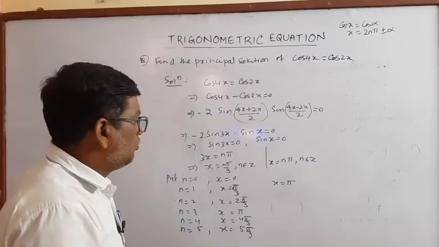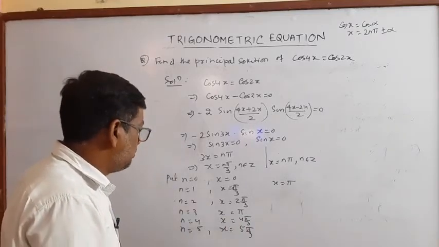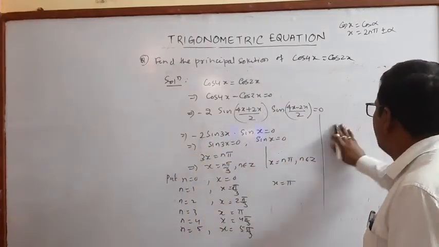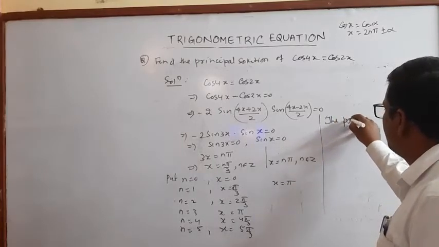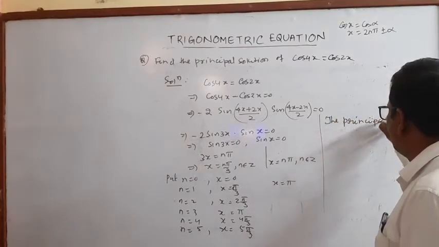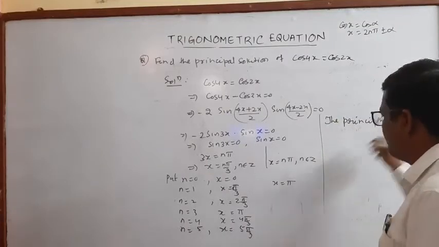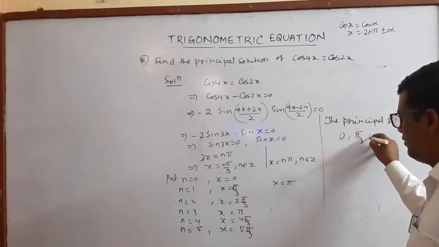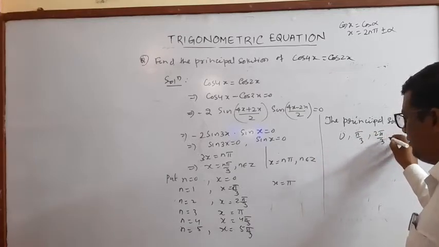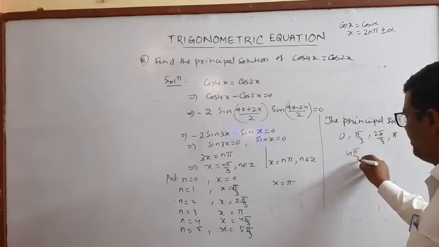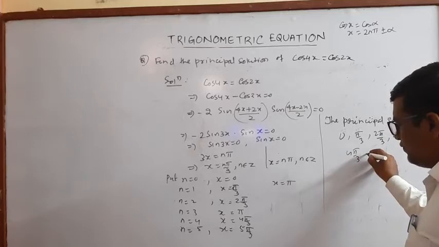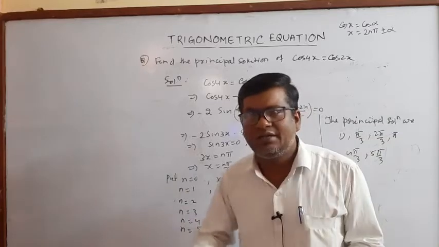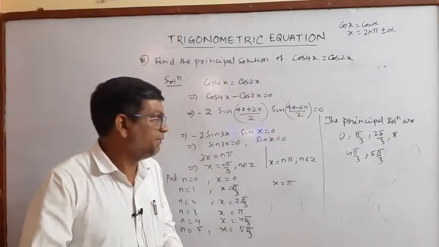So 2 pi is not included in the principal solution. Therefore, the principal solutions are 0, pi by 3, 2 pi by 3, pi, 4 pi by 3, and 5 pi by 3. These are the principal solutions which are restricted in the interval 0 to 2 pi.